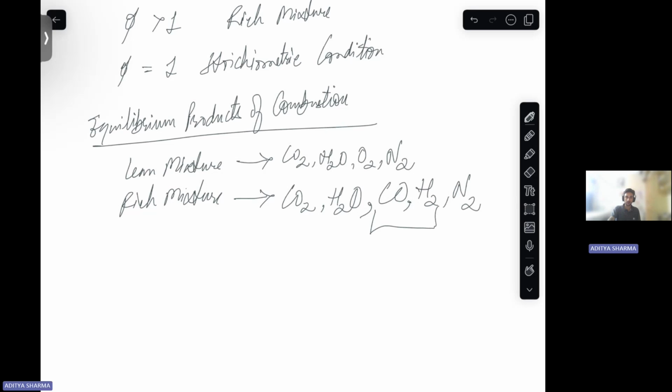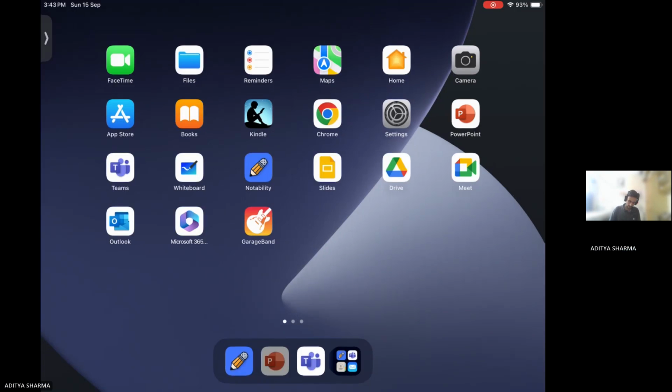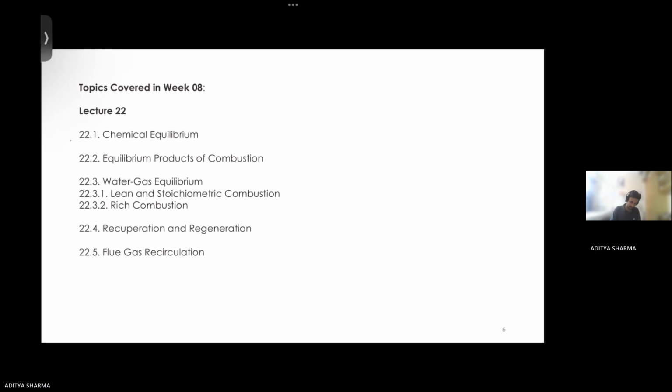So how the equivalence ratio affects the mole fraction. So this has been done in this topic.